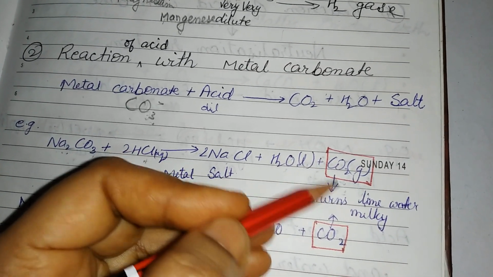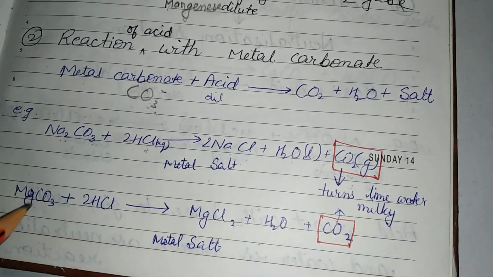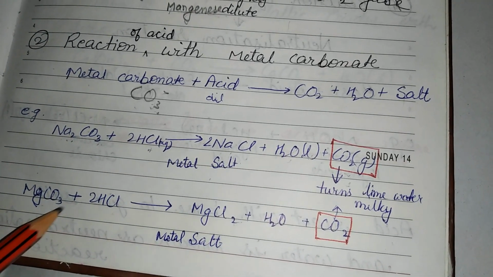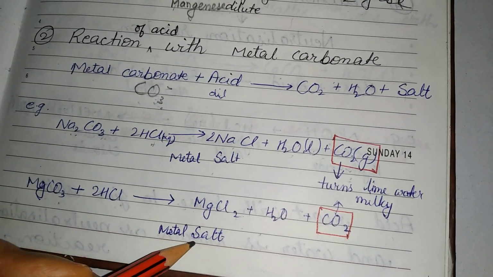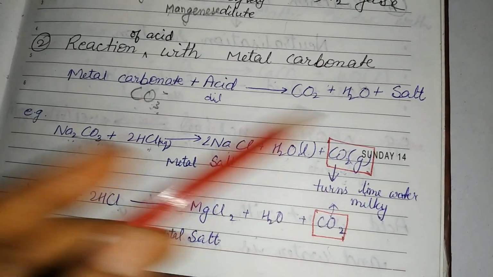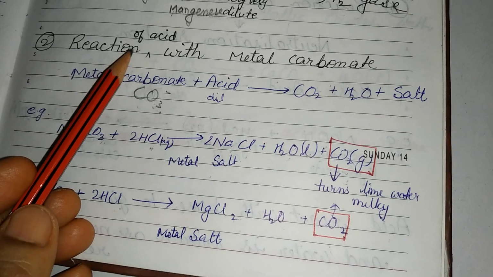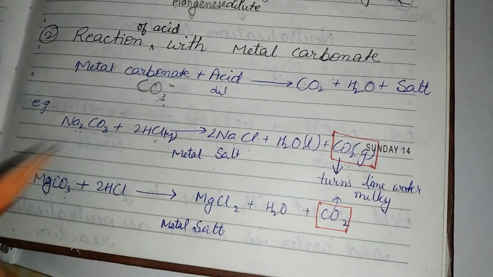Then we come to know that this gas is carbon dioxide. Another example, magnesium carbonate, when added to HCl, gives MgCl2, magnesium chloride, water and carbon dioxide. This shows that when acid reacts with metal carbonate, it gives CO2.